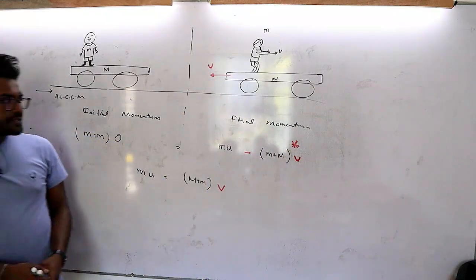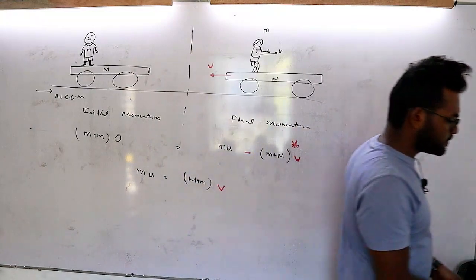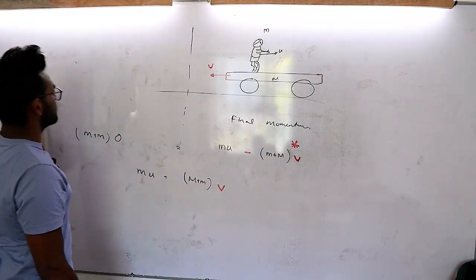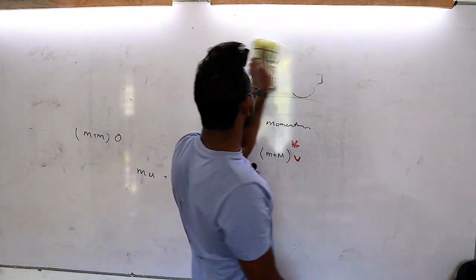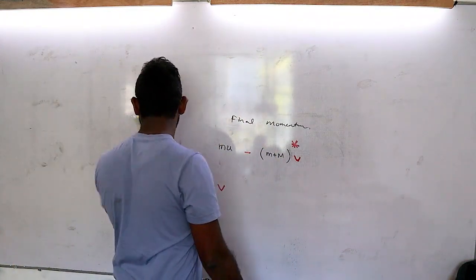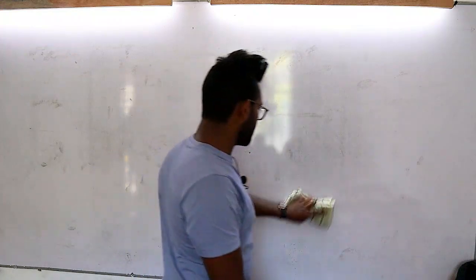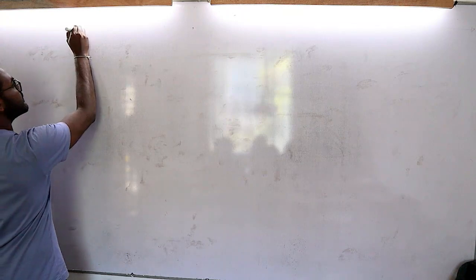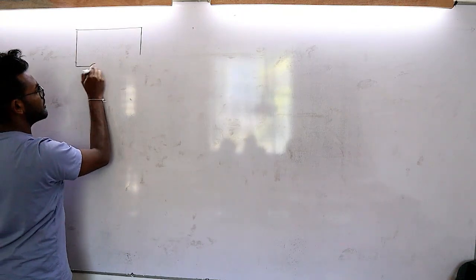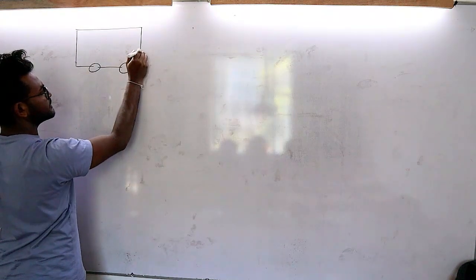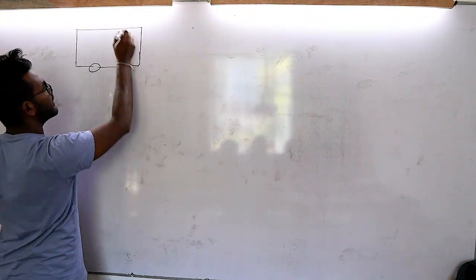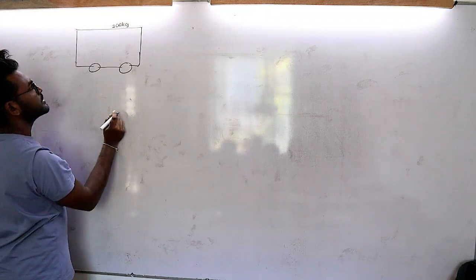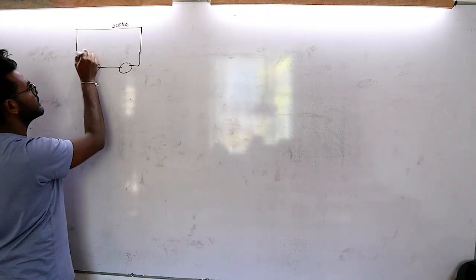Okay, so let's consider an example. Okay, there's a vehicle here, maybe kind of like a caravan or something like that. 200 kilograms.